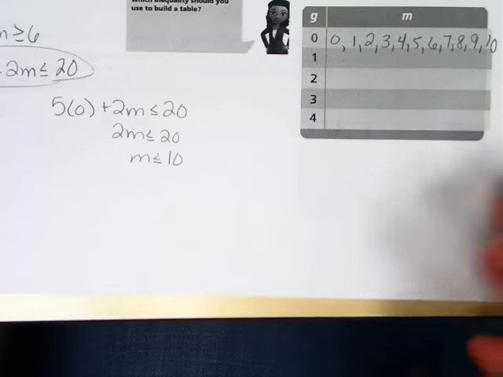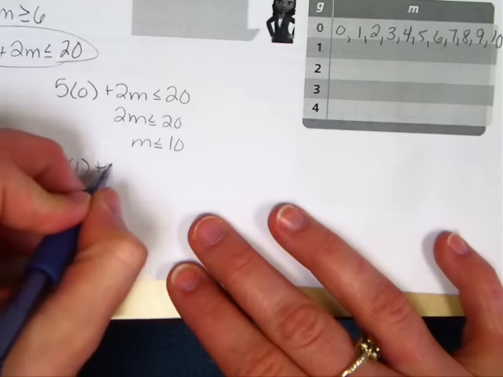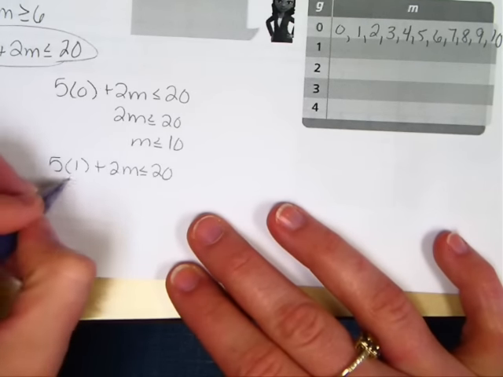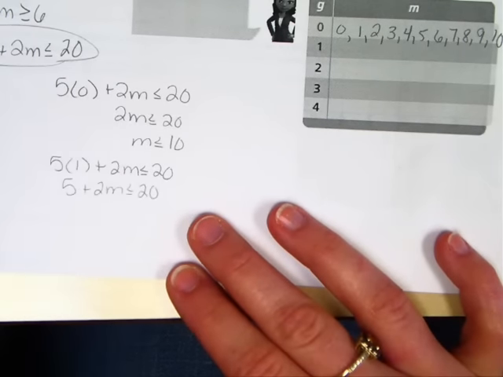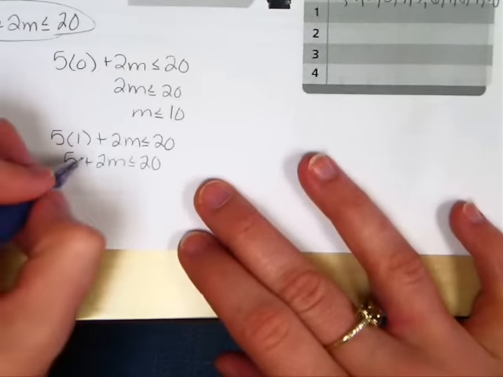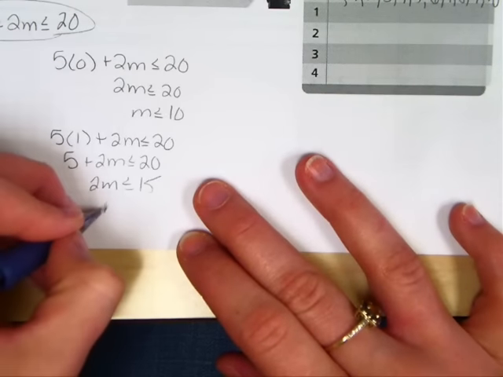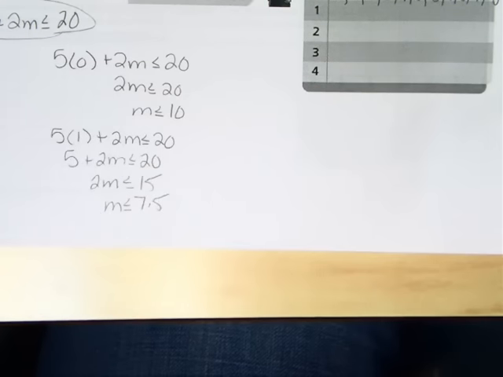We're going to do the same thing with 1. So we'll do 5 times 1 plus 2m is less than or equal to 20, and then that gives us 5 plus 2m less than or equal to 20. Take away the 5. 2m is less than or equal to 15. M is less than or equal to 7.5 when you divide.